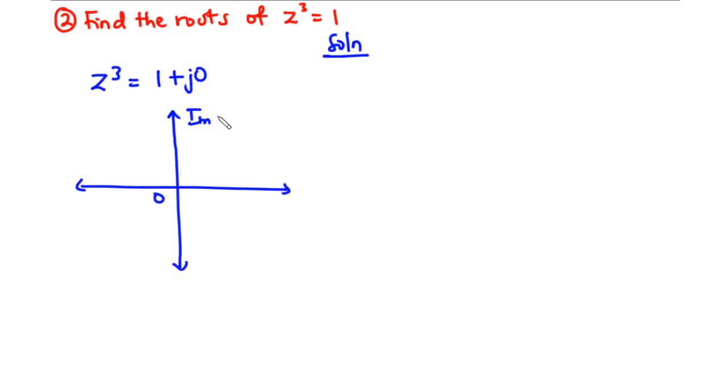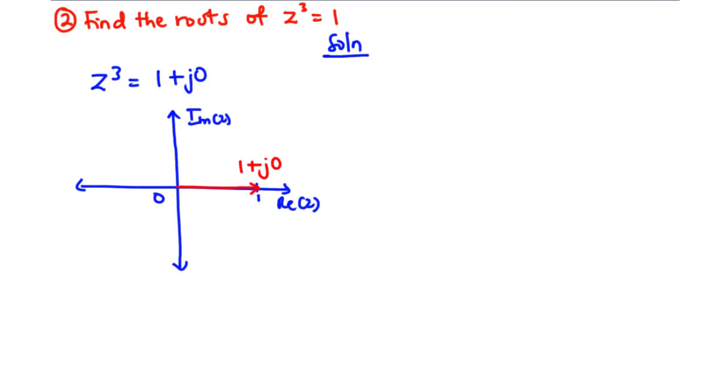So we have the imaginary axis, we have the real axis, O is the origin. We have the x component to be 1 and the y component to be 0, which means that this is going to lie on the positive x-axis or the real axis. So this is the complex number 1 plus j0.